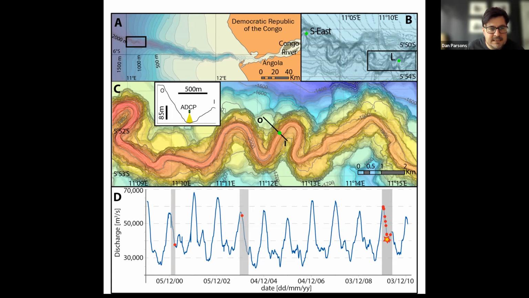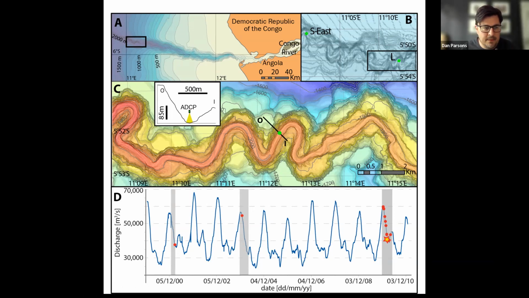The measurements themselves were taken with, again, an acoustic Doppler current profiler, but it was suspended off the bed of the base of the channel, the green dot in the middle here. So mid water, about 85 meters off the sea floor, in about, I think, between 1,000 and 2,000 meters of water depth.